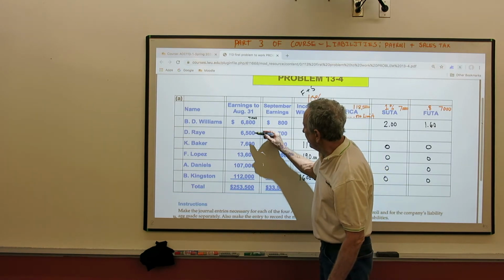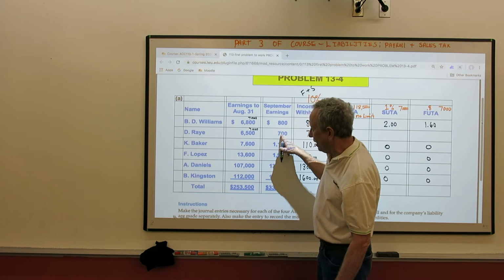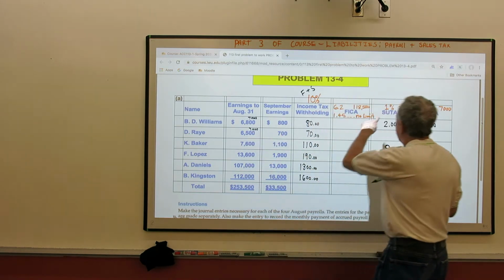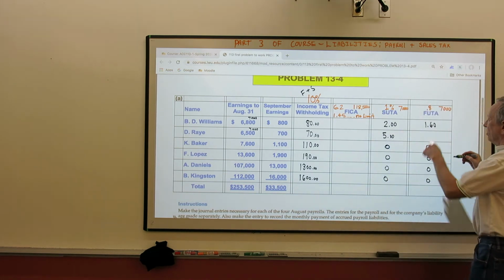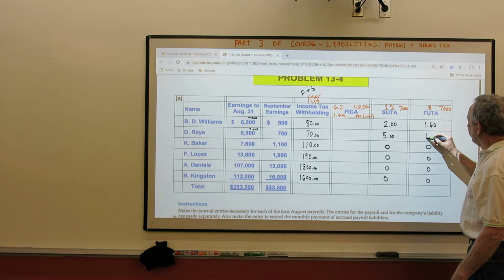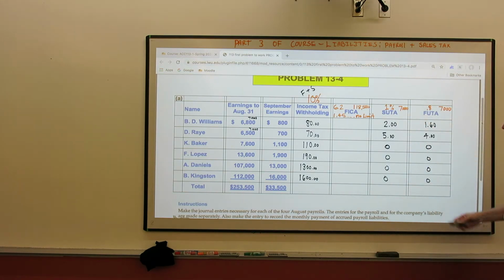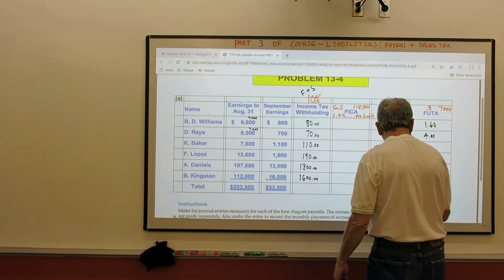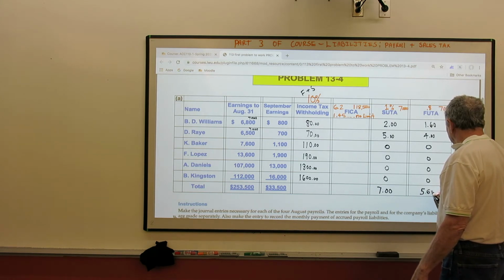So we know this will take him beyond 7,000, we're just going to do the what? The $500. $500 times 1% is $5. $500 times 8% is $4. There we go. We got SUTA and FUTA done. This one I can add up. That's clearly $7. This one is $5.60.